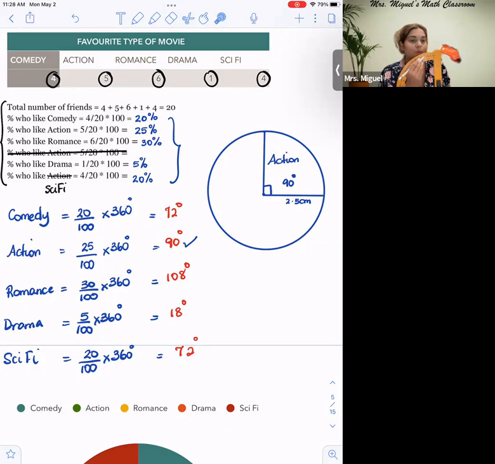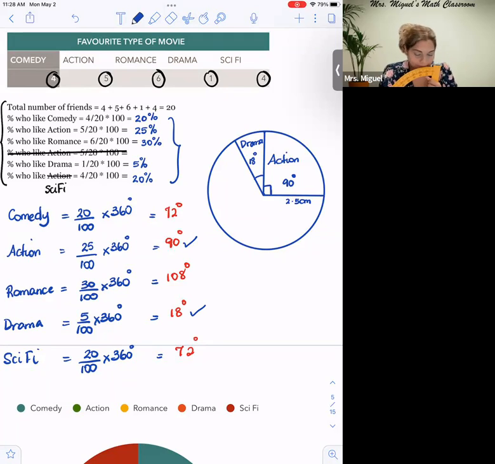I'm not too sure how much it is on yours, but you can go ahead and measure 18 degrees. So I will say this is roughly about that. This here is drama, and this is 18 degrees. So I have drama and I have action, which is 90 degrees.